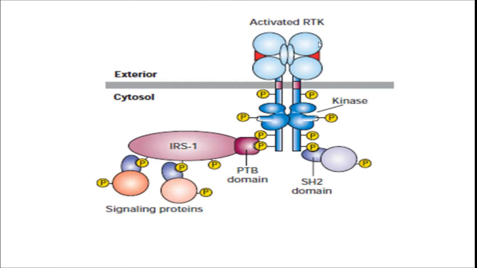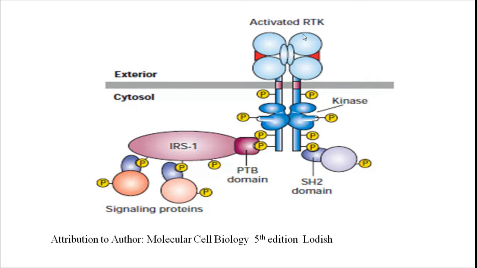So here you can see the activated receptor tyrosine kinase. This is the extracellular phase, and this one is the cytosolic phase. Initially, both receptors are situated equidistant from each other. After binding of the ligands on the extracellular domain, what will happen? The two receptors come in contact with each other, so we can say dimerization of the receptor takes place.